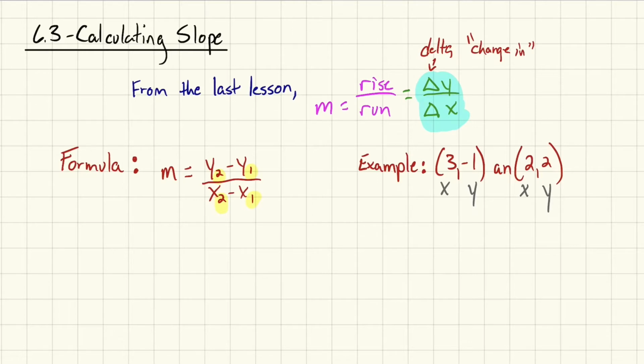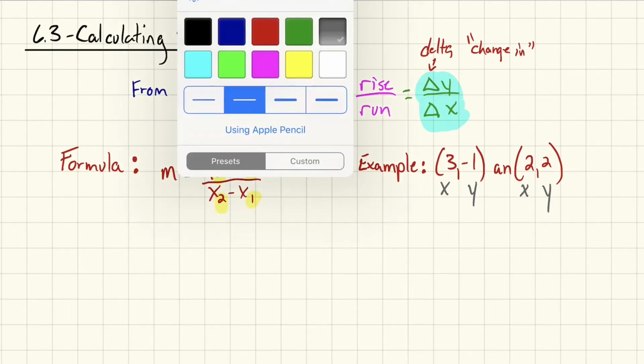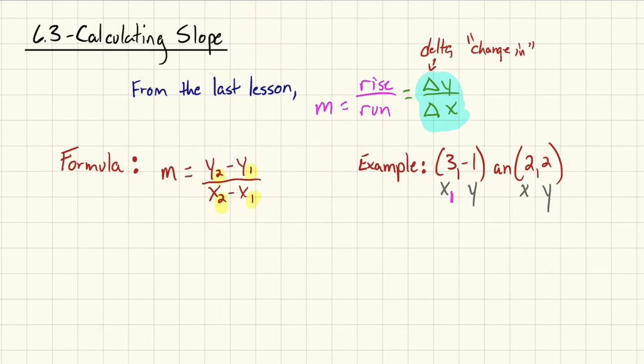The way that we do that is by putting in little 1's behind the x and the y for the first point and little 2's behind the x and the y in the second point. That shows me what is grouped together, which one's my first point and which one's my second point.